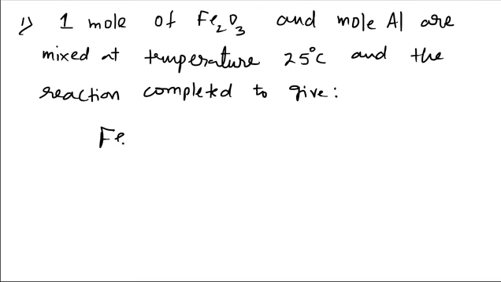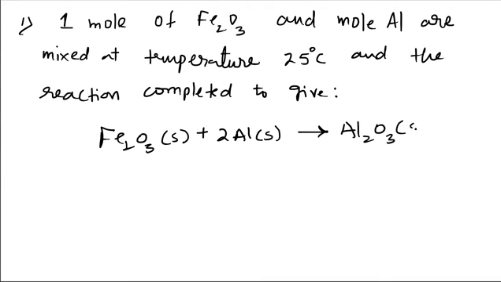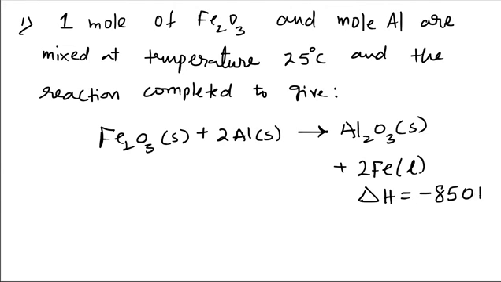Now this is the reaction: Fe2O3 solid plus 2 aluminium solid, giving us Al2O3 solid plus 2 iron liquid, and enthalpy change for this reaction is negative 850 kilojoules.